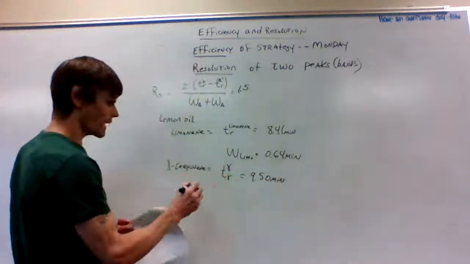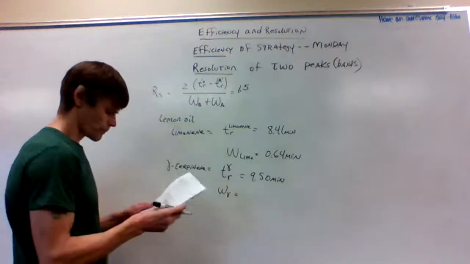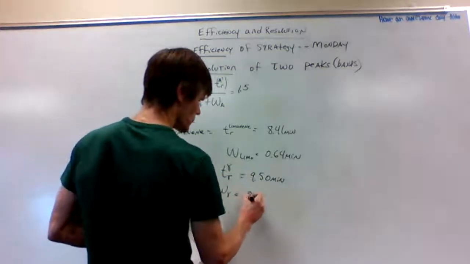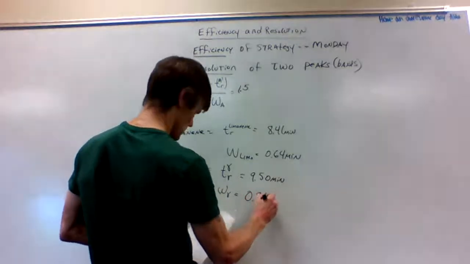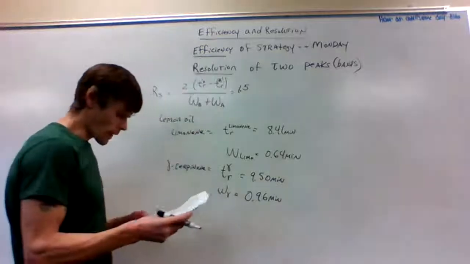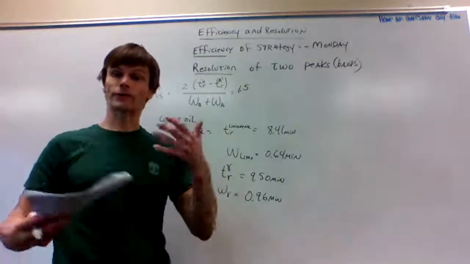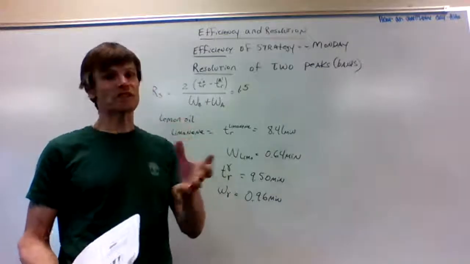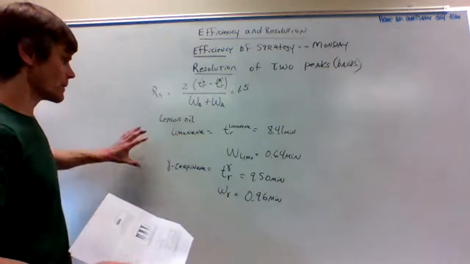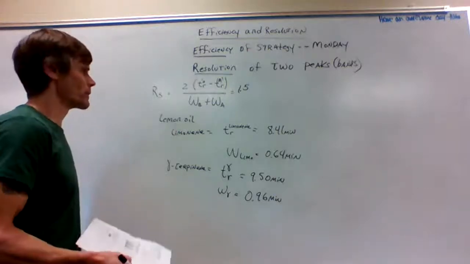And this has a width. The width is 0.96 minutes. Again, the later peak usually is a little wider. And our question is, our resolution of 1.5 is desired. Should we spend more time improving our separation strategy if this is the data we get from a chromatographic experiment?